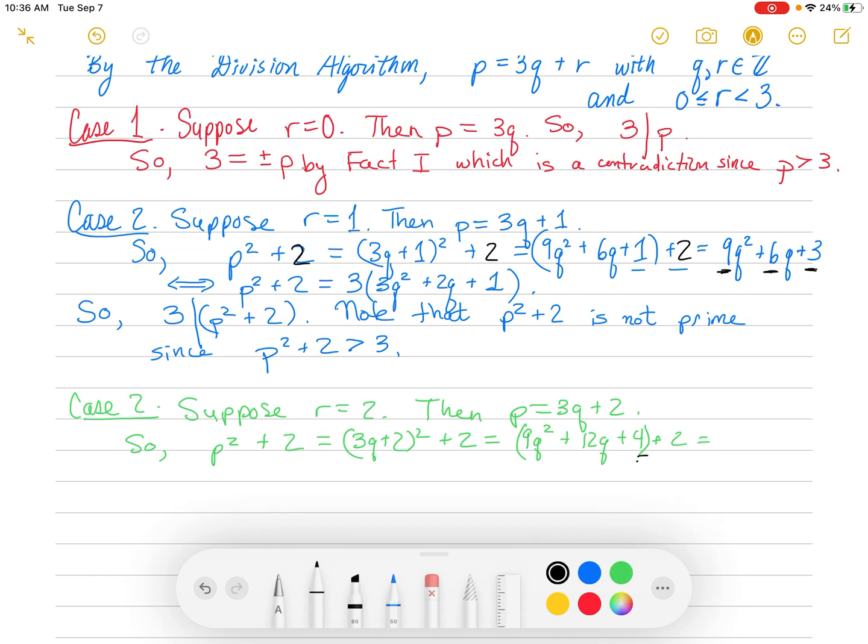And when I combine my like terms here, I'm going to get a 6 there. So I get 9q squared plus 12q plus 6. That's equivalent to p squared plus 2. So factor out a 3 out of all of these. When I factor out a 3, I'm going to get 3q squared plus 4q plus 2.